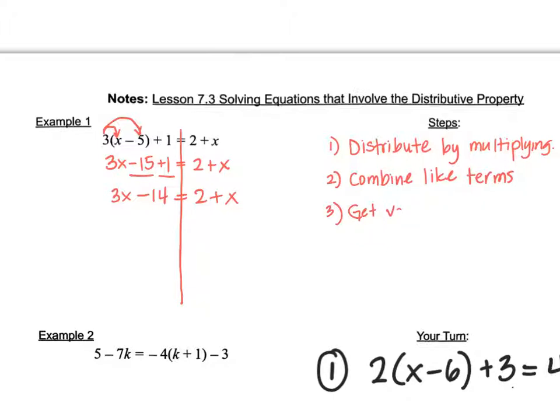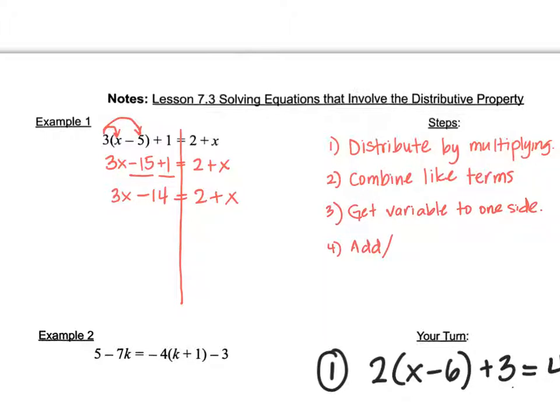Okay, our third step, the rest is actually review. So get variable to one side, and that involves adding or subtracting, right, to make a 0. And after that, we're going to make a 0 with the constant. In fact, I actually think my previous notes, I just said add or subtract.